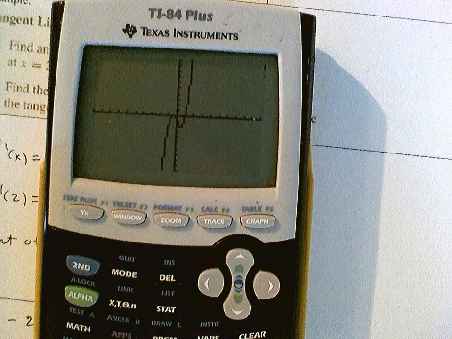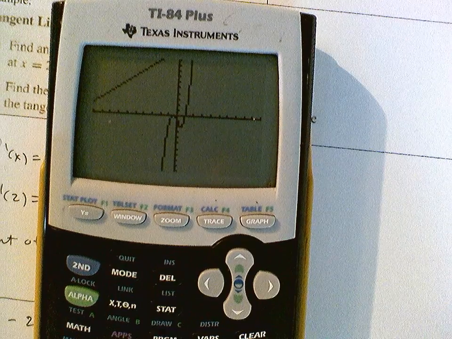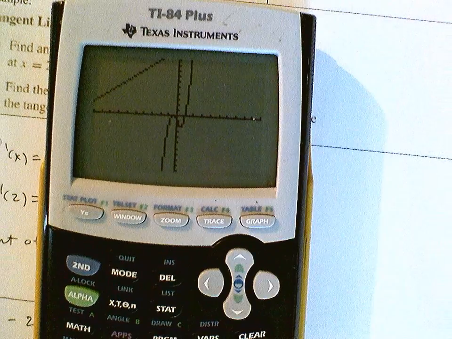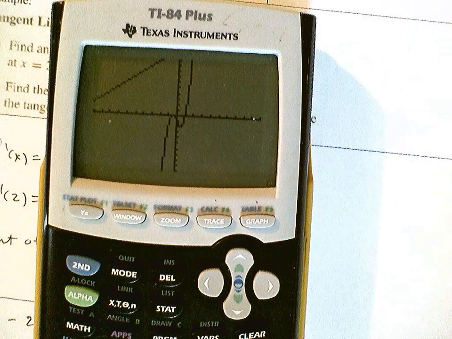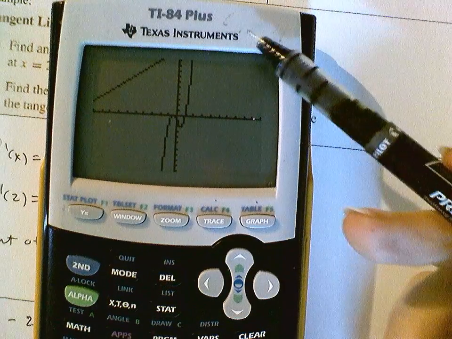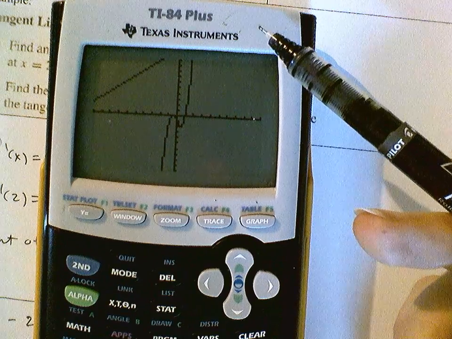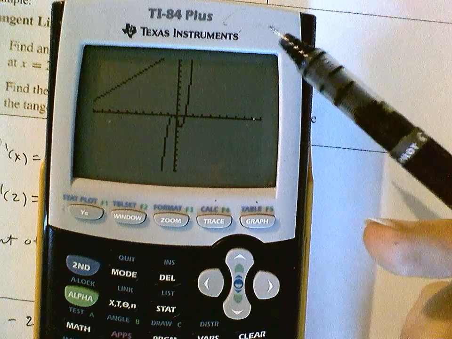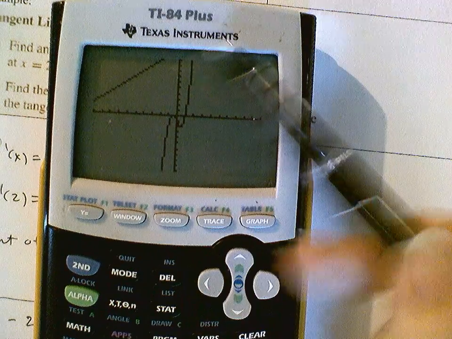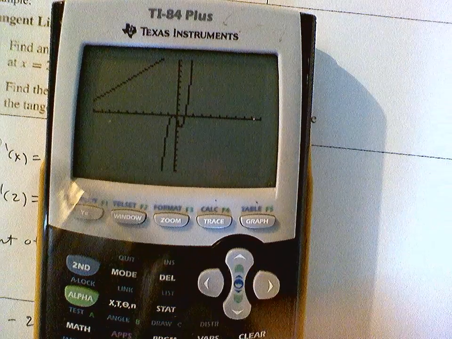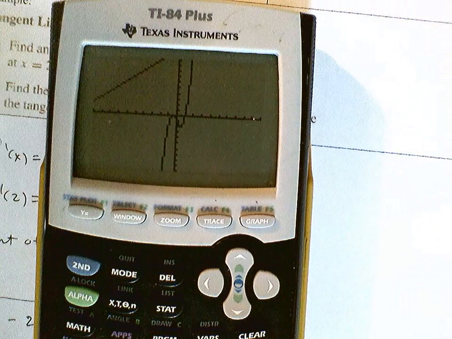And I'm going to try to visualize what they're asking me. So there's a line, there's my graph. They want me to find a point on the graph of f of x where the tangent line would be parallel to this line. And maybe there's more than one point, I don't know yet.